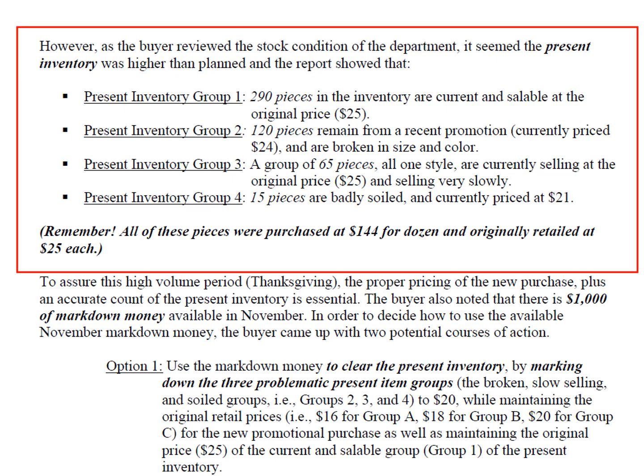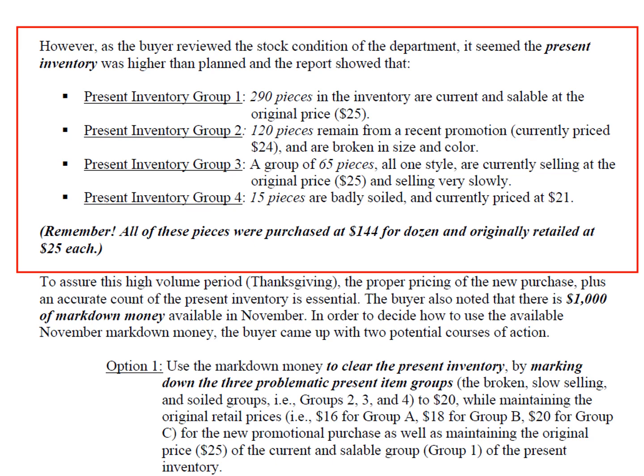The third inventory group is 65 pieces, all one style. They're currently selling at the original price, but they are selling very slowly, so consumers are not liking them that much. The fourth group, there are 15 pieces that are badly soiled, and they're currently priced at $21.